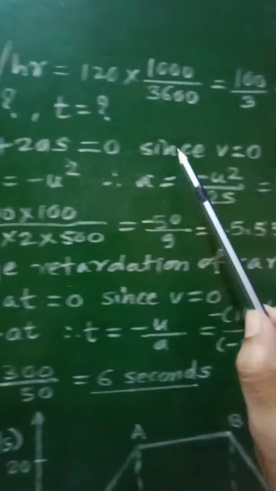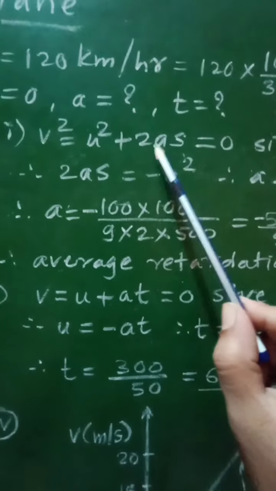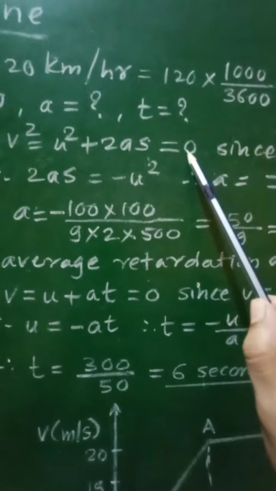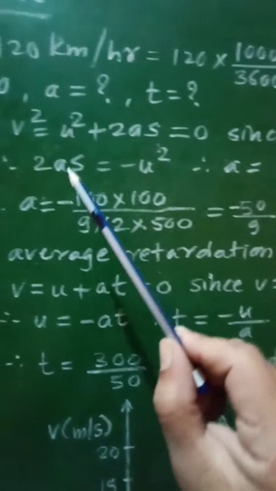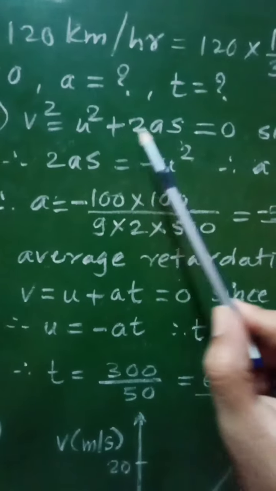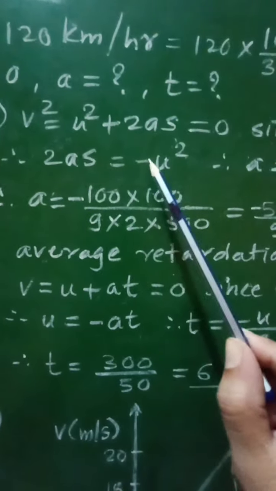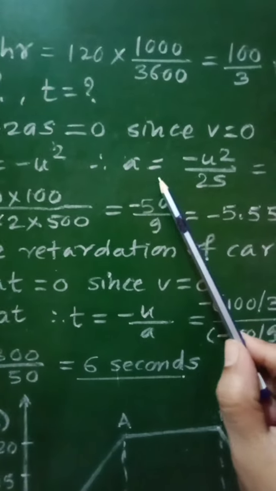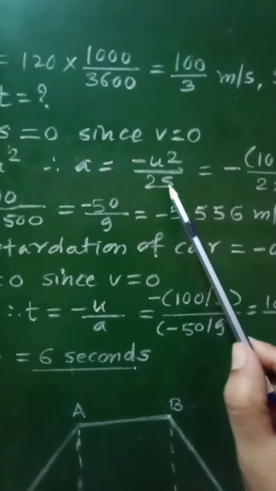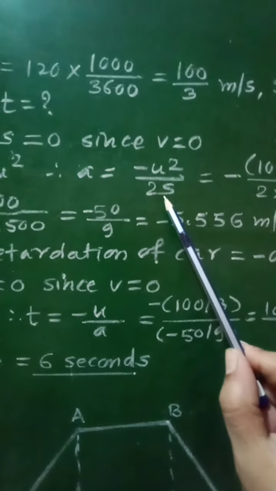But since v is equal to 0, v square will become equal to 0, and therefore we can write u square plus 2as equal to 0, therefore 2as will be equal to minus u square. Therefore a will be equal to minus u square upon 2s.